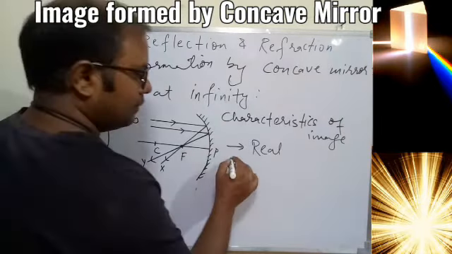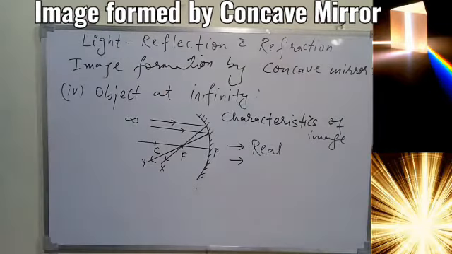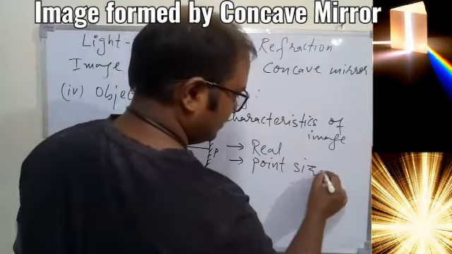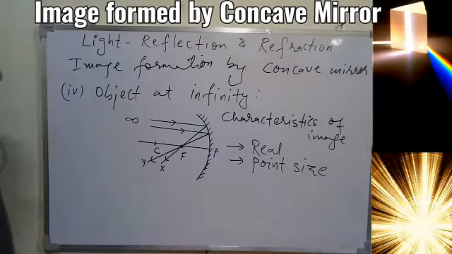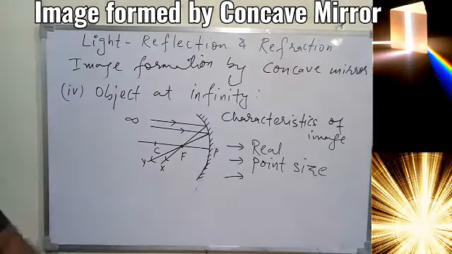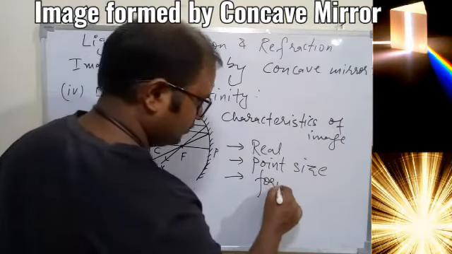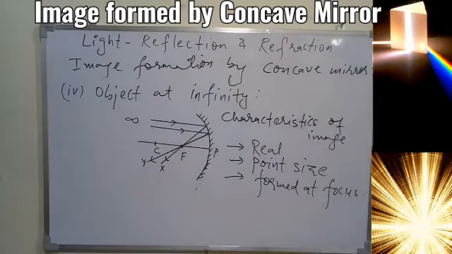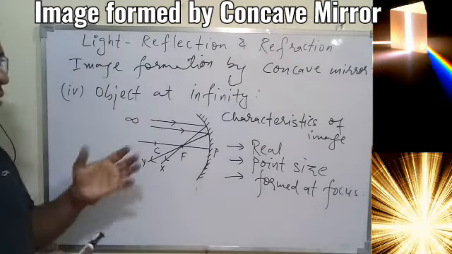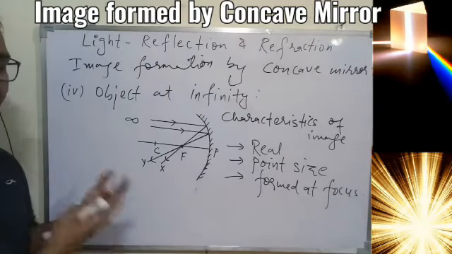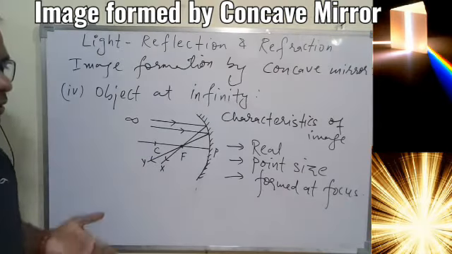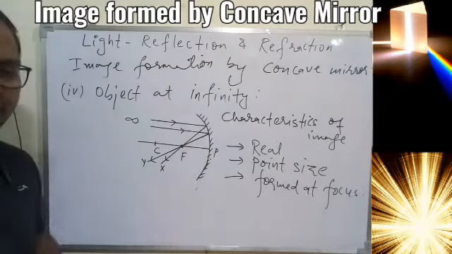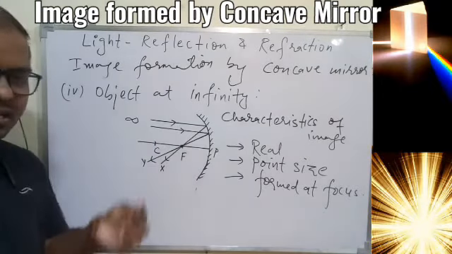So the image is point size, and it is formed at the focus. We understood this in the meaning of focus also. So if the object is at infinity, the image forms at the focus, and that image will be point size.